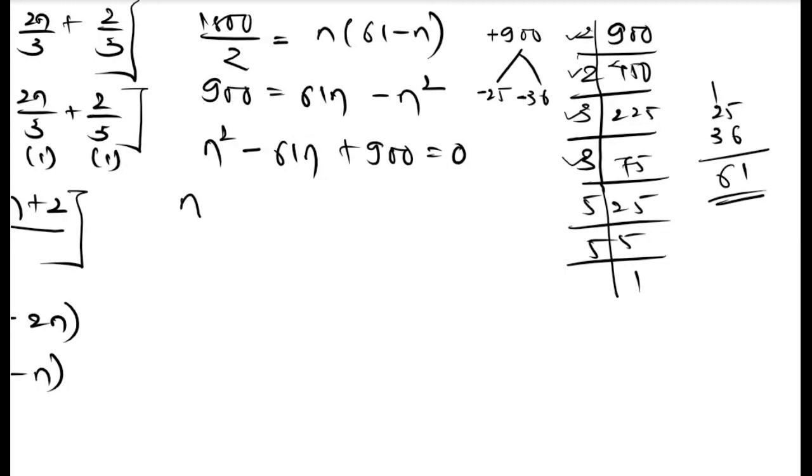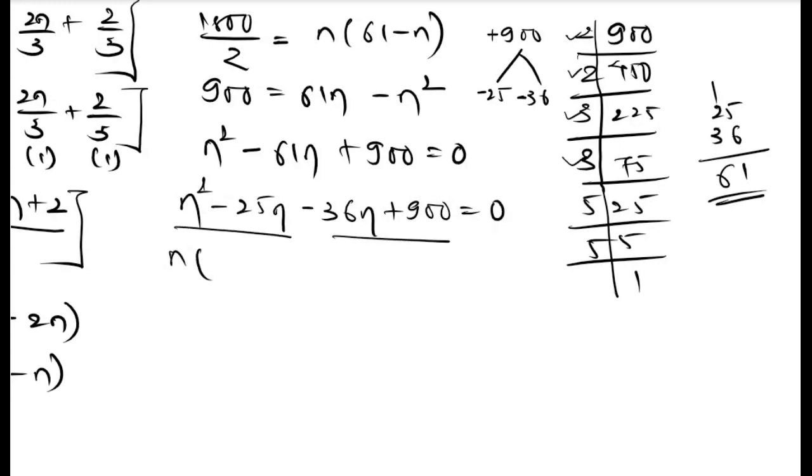So n square minus 25n minus 36n plus 900 is equal to 0. So n bracket n minus 25 minus 36 bracket n minus 25 is equal to 0, right? 36 into 25 is 900.